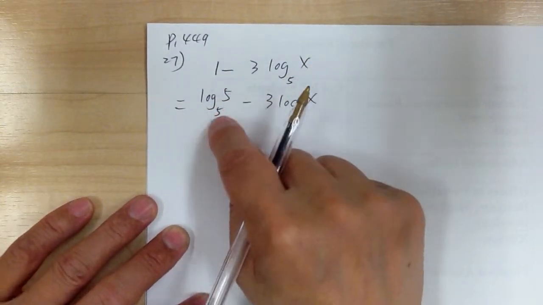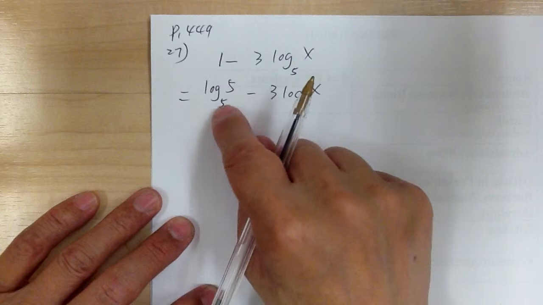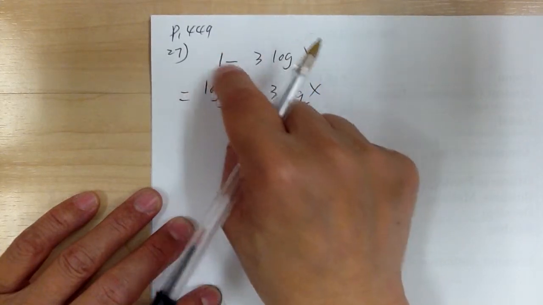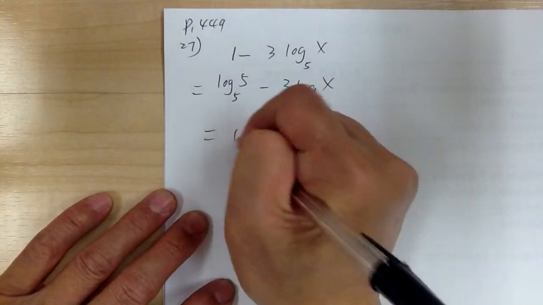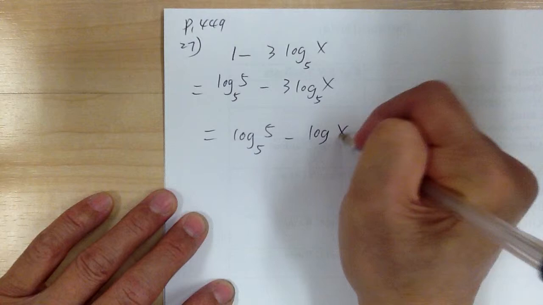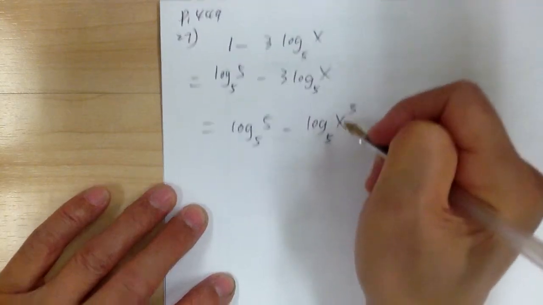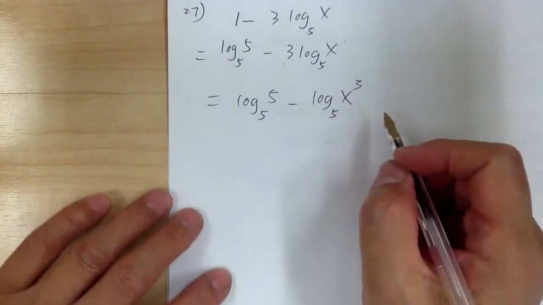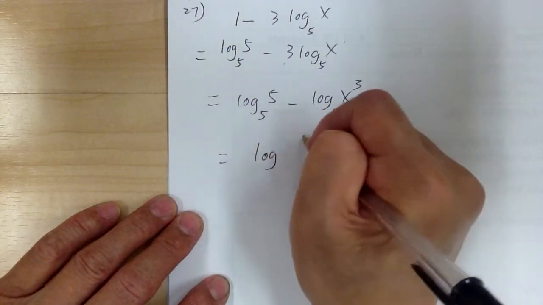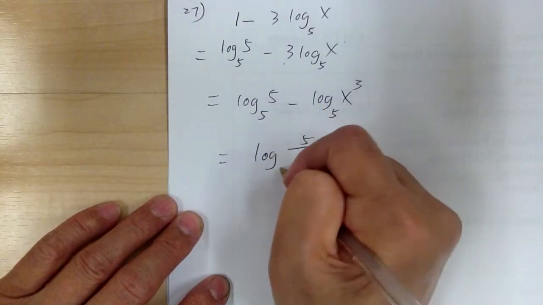So when you have the number and the base the same, it's equal to 1, right? Because 5 to the 1 power equals 5, when you're switching form. So this is equal to log 5 base 5 minus log x to the 3 power base 5. Right? You bring the exponent to the inside. Now subtraction, you have to divide, right? So it becomes log of 5 over x to the 3 power base 5.